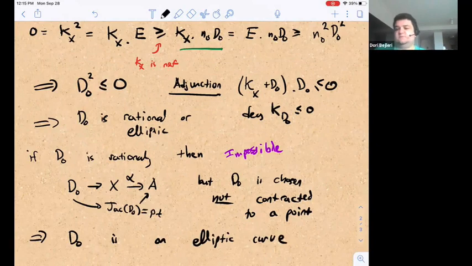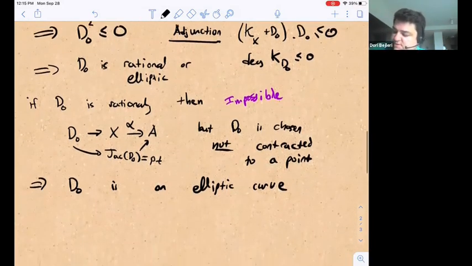Okay, and now we have to use some geometry about abelian varieties. So it turns out to be the case that for maps between abelian varieties, up to translation, they're group homomorphisms, because abelian varieties have this group structure.